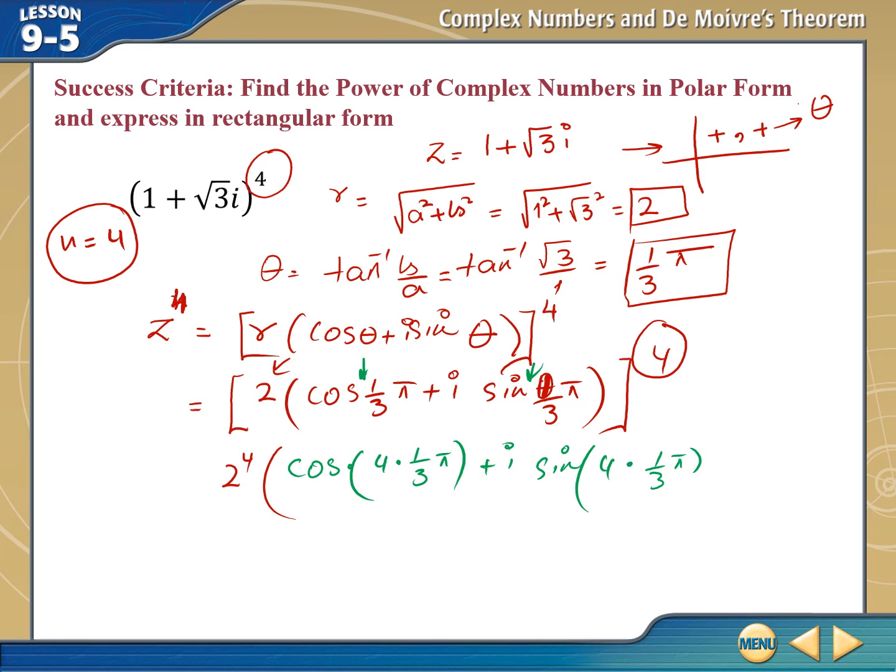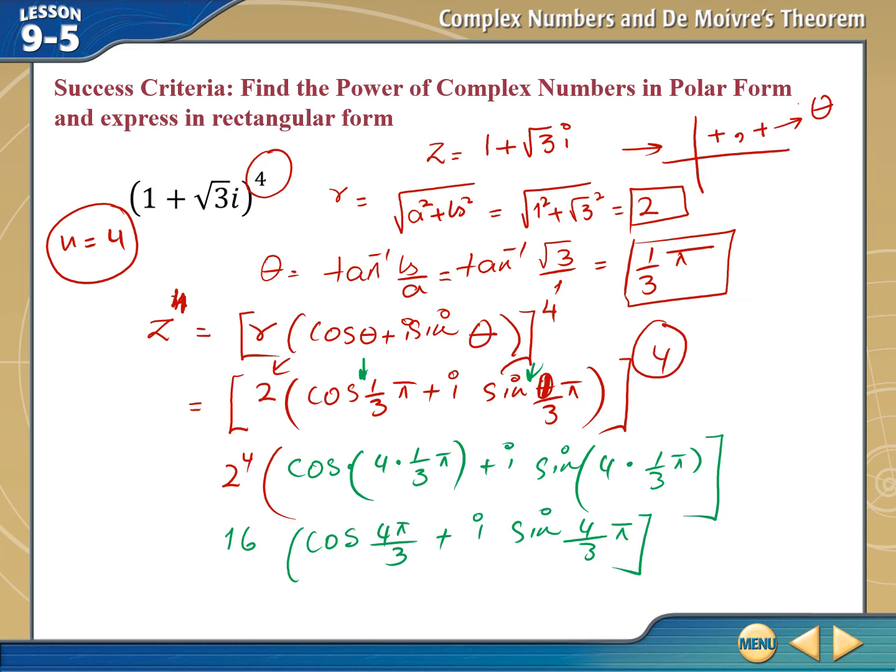Now if we see 2 to the power 4, 2 to the 4, 4 to the 8, 8 to the 16, so it will give us 16. 2 to the power 4 will give us 16, and here we will get cos 4 times 1 over 3 pi, means 4 by 3 pi. Similarly, iota sine 4 by 3 pi.